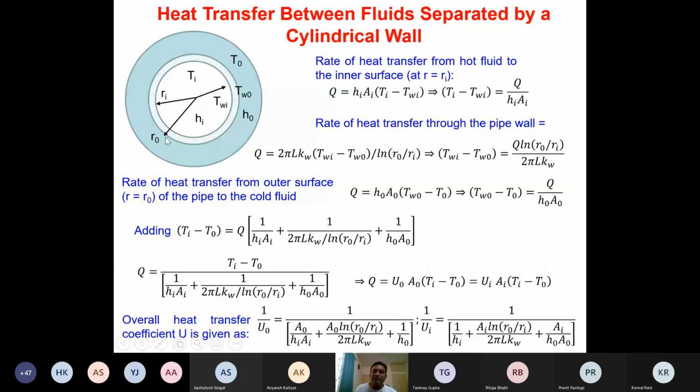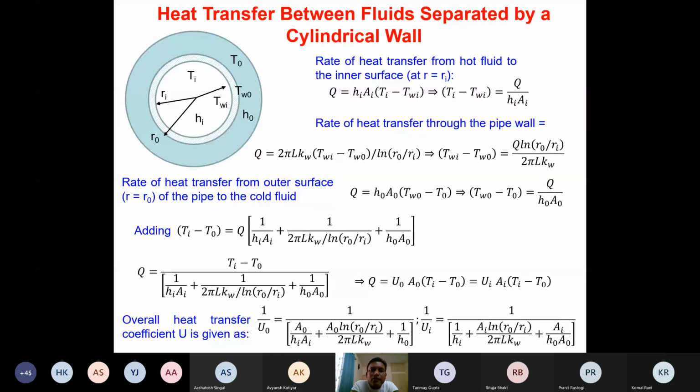The outside radius of the metal wall is R0. The bulk temperature of the fluid flowing through the annular region is T0. The temperature at the outer wall of the metal is Tw0, and the heat transfer coefficient in the annular fluid is H0.